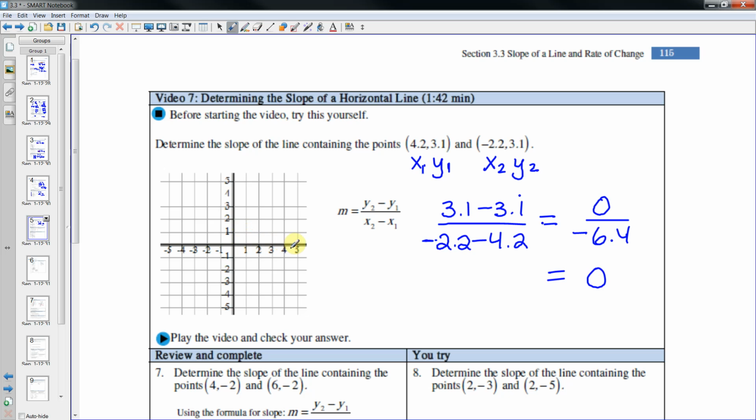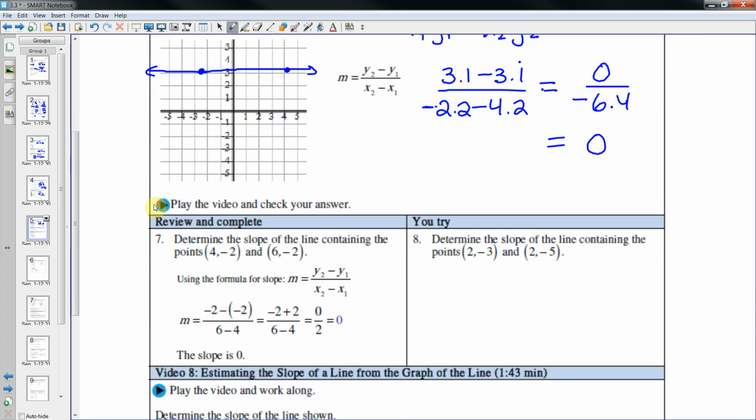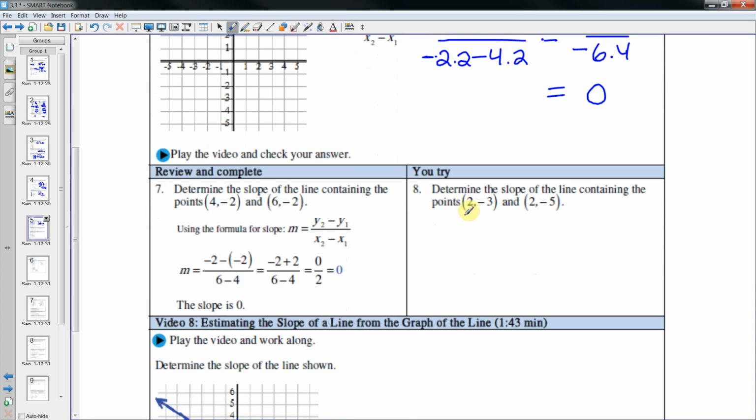So 4.2 is about right there. And then negative 2.2 right there, and this would be not a very well drawn horizontal line on my part, but it's a horizontal line nonetheless. So again, it doesn't matter what kind of ordered pair they give you. You're going to put it in the formula.